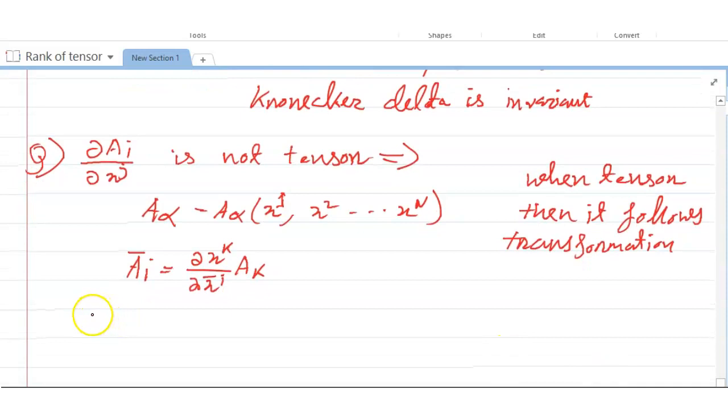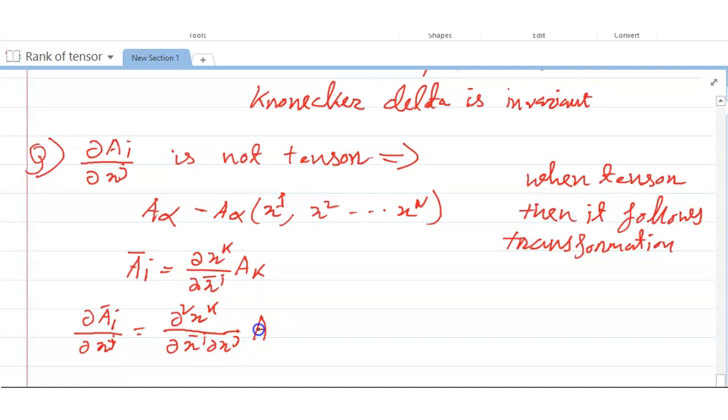Now I will just differentiate this. Del a bar i divided by del xj is equal to del square xk divided by del x bar i del xj times ak, plus del xk divided by del x bar i times del ak divided by del xj.